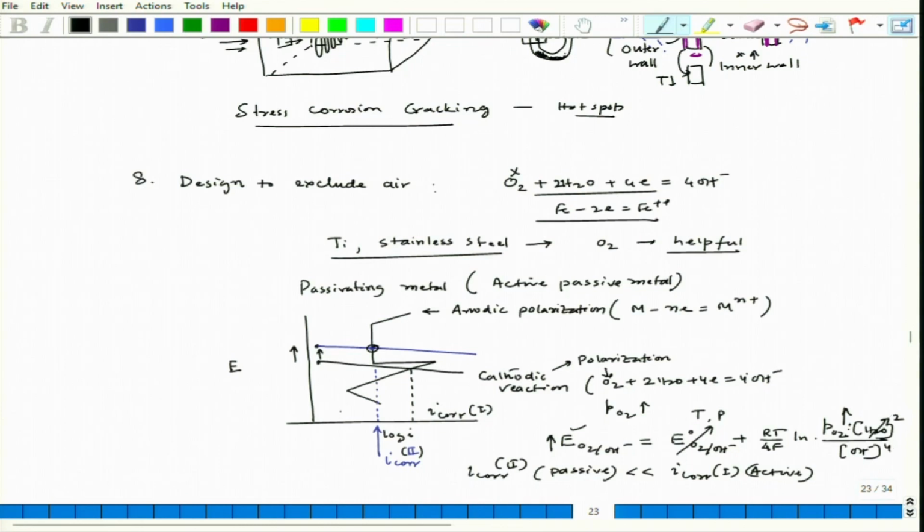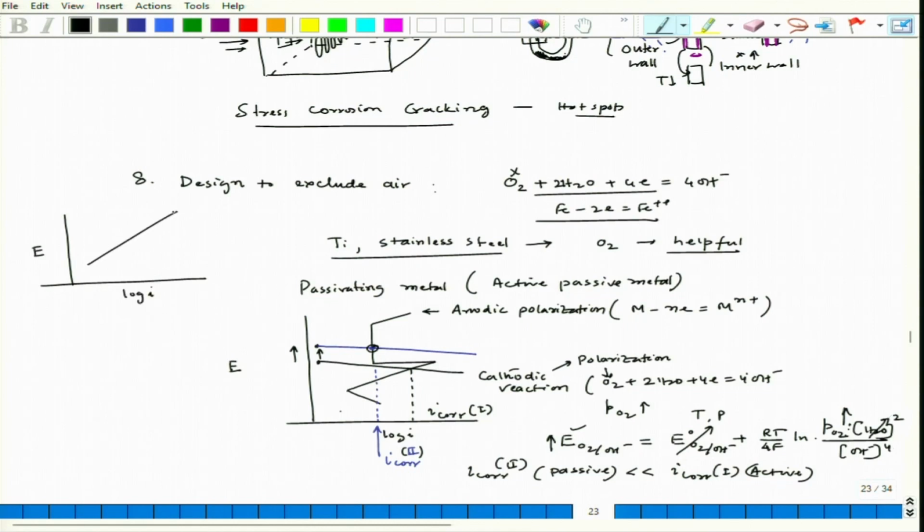But otherwise, in case of active material, definitely if we reduce the oxygen partial pressure or if you exclude air, it will reduce the corrosion rate. So, that can also be explained. So, if you consider active metal, again E versus log I plot you can do.